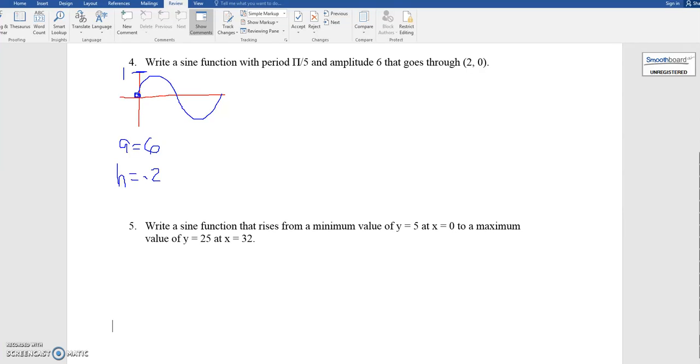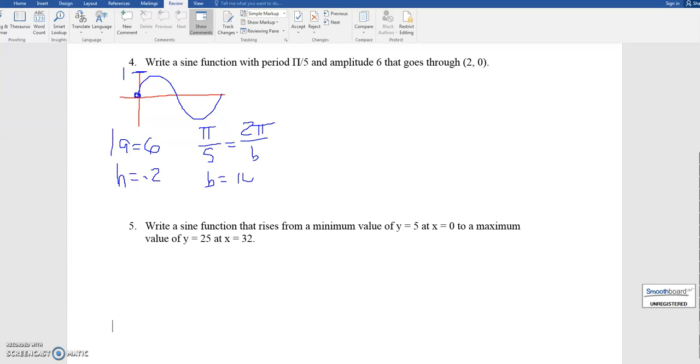So do remember that we have an equation that says the period, so pi over 5, has to equal 2 pi over b. We've talked a little bit about why that works, but the only way that this fraction works, you could think of cross multiplying and dividing, or you could just logically think through it, is that b would have to equal 10.